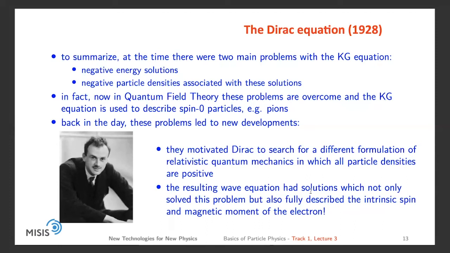But back in the day, these problems led to new developments. They motivated Dirac to search for a different formulation of relativistic quantum mechanics in which all particle densities would be positive. The resulting wave equation had solutions which not only solved this problem, but also fully described the intrinsic spin and magnetic moment of the electron.